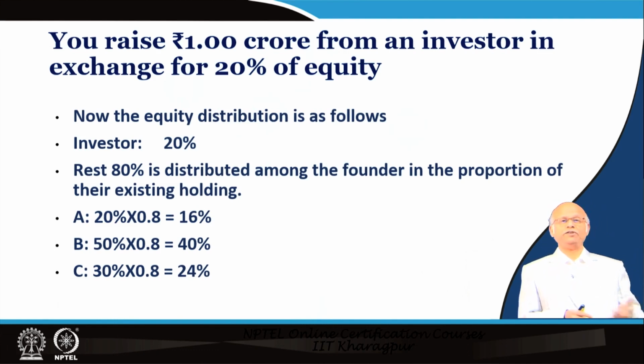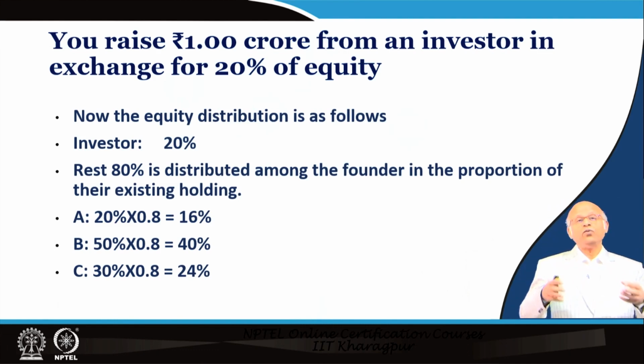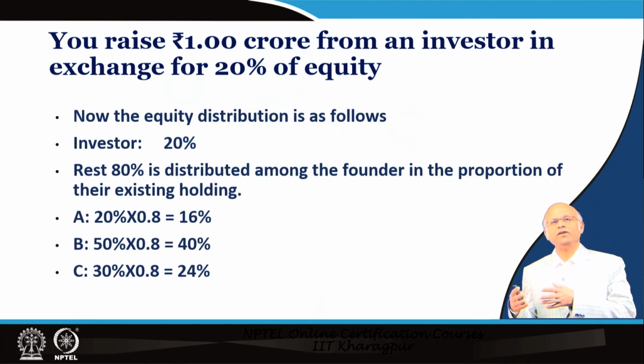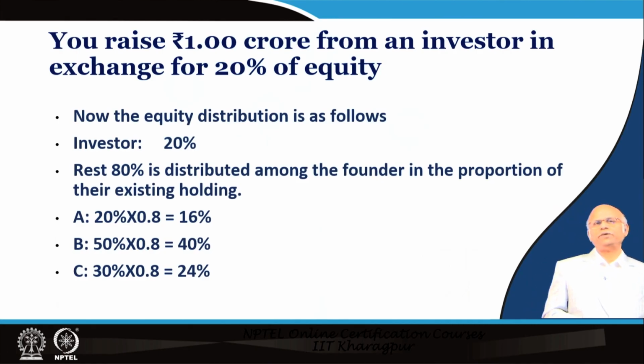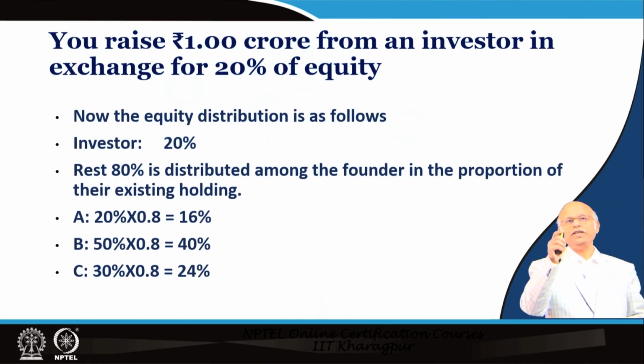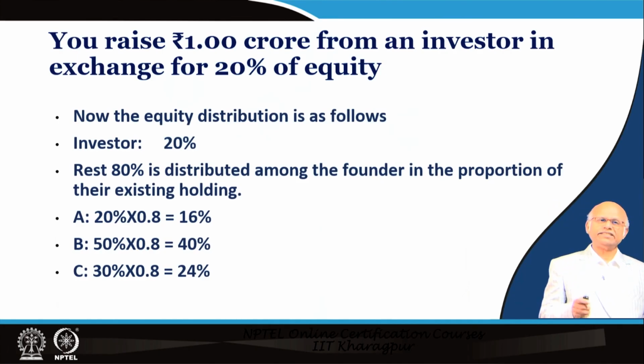You 3 will apportion the rest among yourselves in proportion to your holding. So, A holds 20% of equity, he will get 20% into 80%, B will get 50% into 80%, C will get 30% into 80%. So, the investor gets 20, A gets 16, B gets 40, C gets 24%.